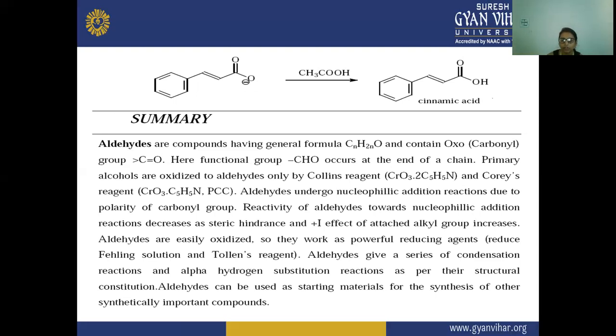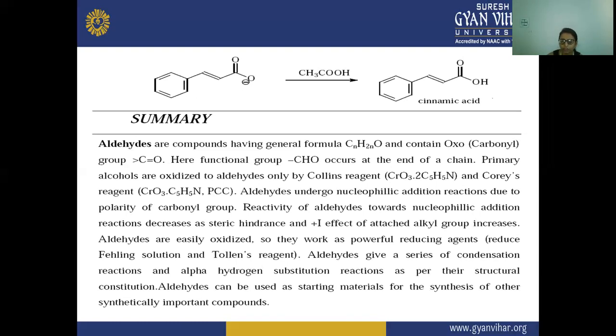The reactivity of aldehydes towards nucleophilic addition decreases as steric hindrance and the plus I effect of the attached alkyl group increase. Aldehydes are easily oxidized, so they work as powerful reducing agents, reducing Fehling solution and Tollens reagent.